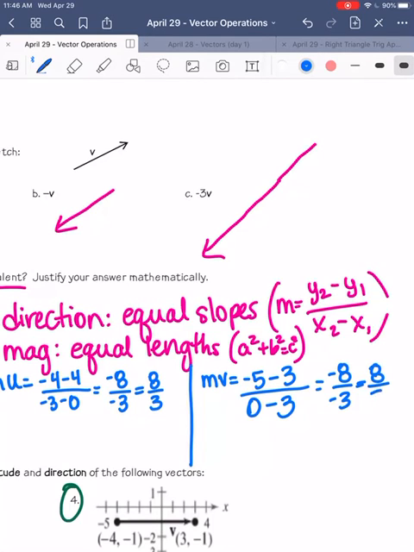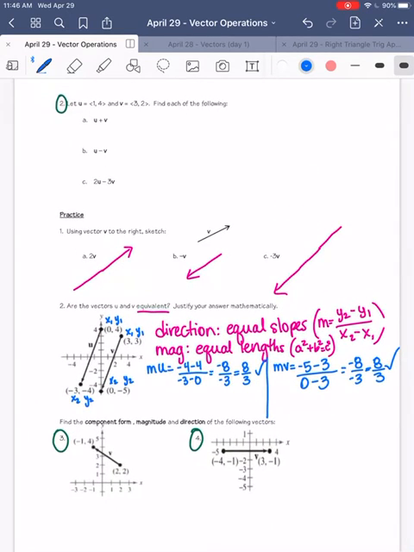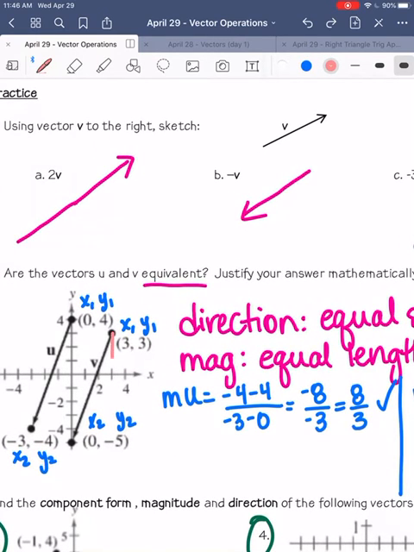So check and check. They have the same slope, which means they are pointing in the exact same direction. Okay? So now I need to check magnitude. Now here's Pythagorean theorem. We have to have a right triangle. Okay, so I'm going to try to zoom in here and draw my right triangle. All right, so let's see if I can count appropriately.